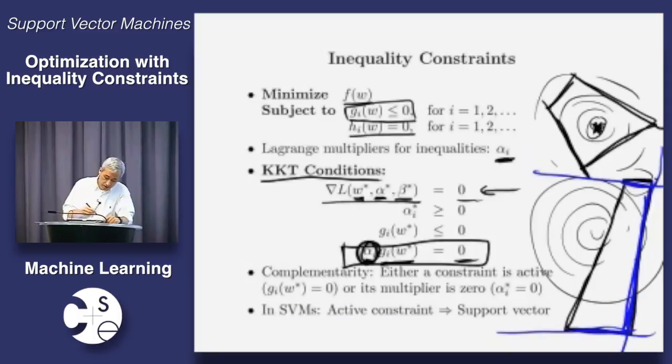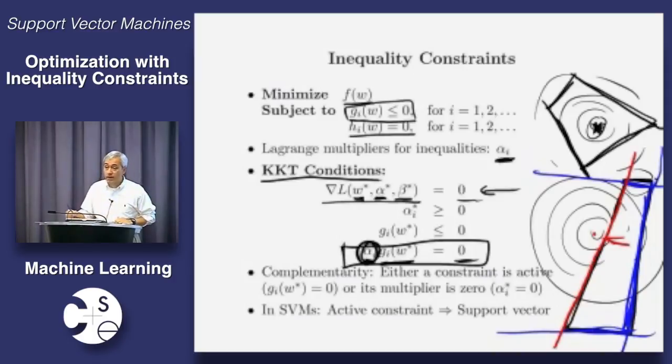But now, bummer, there's this one. This one is definitely active, because what I wanted to do was walk this way until I got there, but that one's preventing me from getting there. So this constraint is active. Everybody see this?